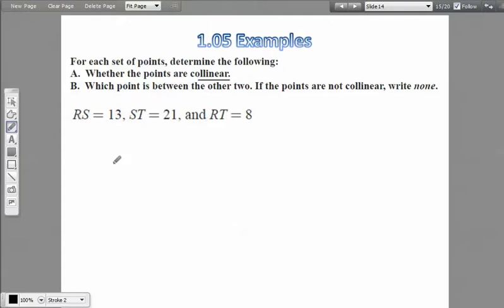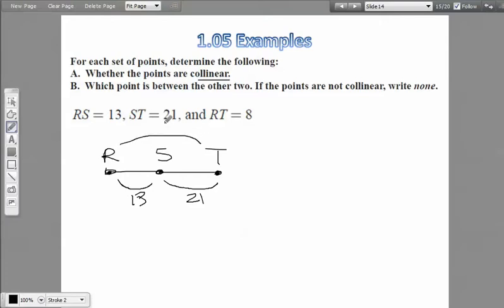Let's look. R, S, T. There's me a line segment. So they're saying that this right here would be 13. From S to T would be 21, and then from R to T would be 8.